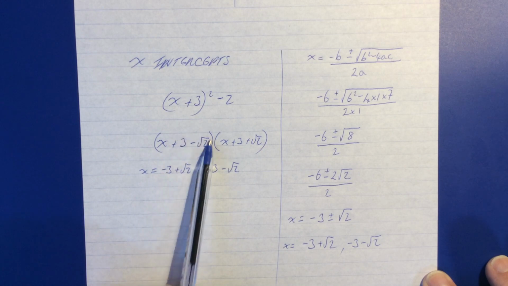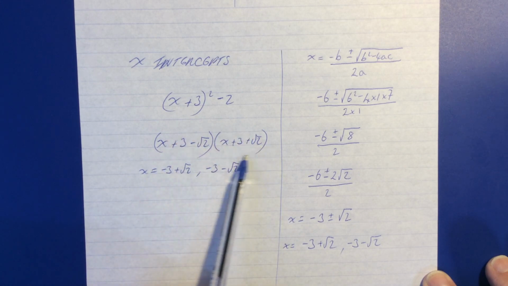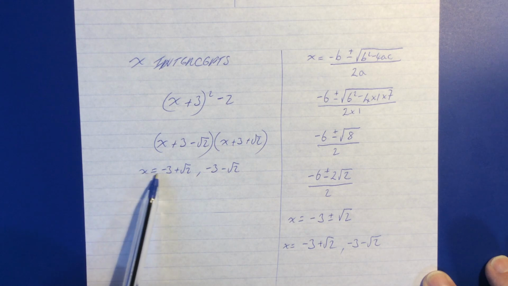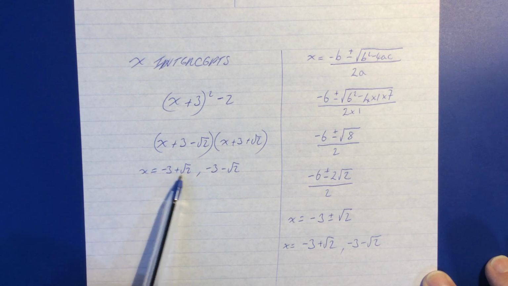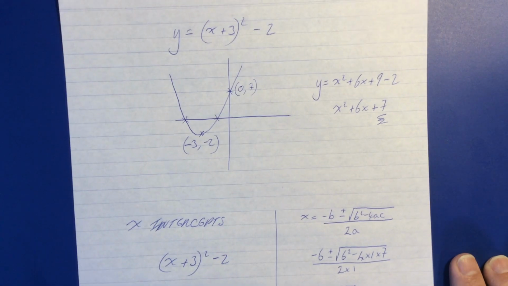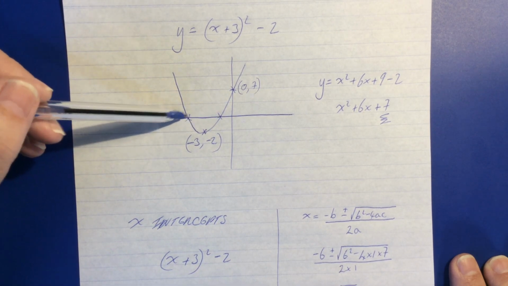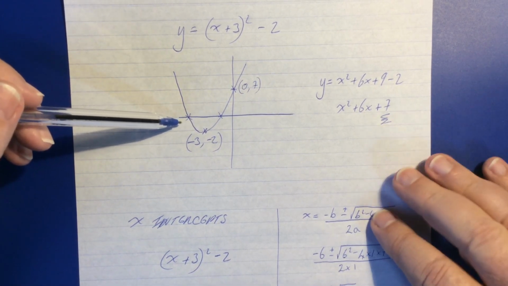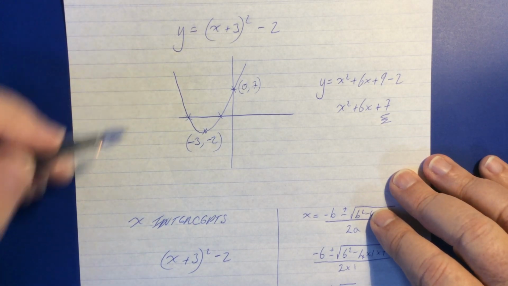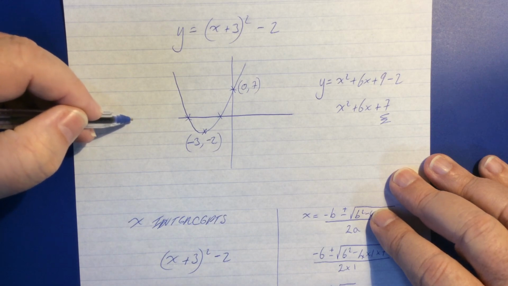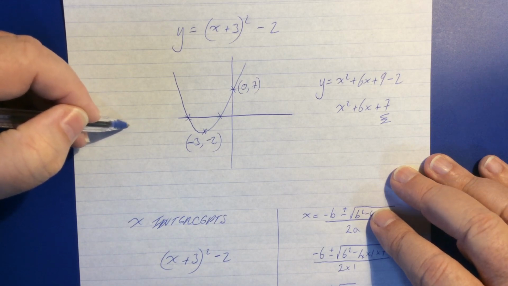And if we make each of these brackets equal 0, we get x equals negative 3 plus root 2, or x equals negative 3 minus root 2. And those are our x coordinates of the intercepts. So it's a bit difficult to write it in here, but I'll try.